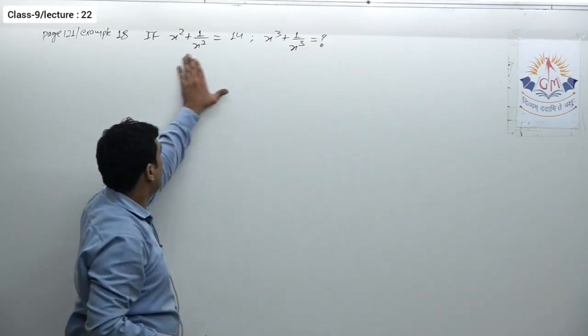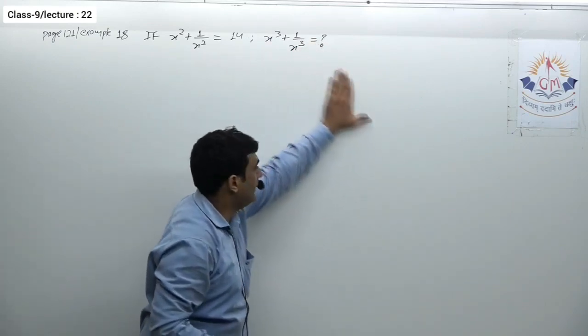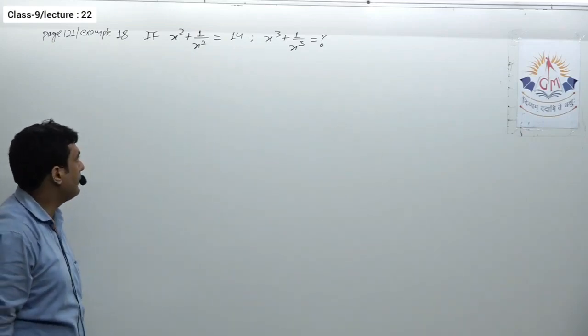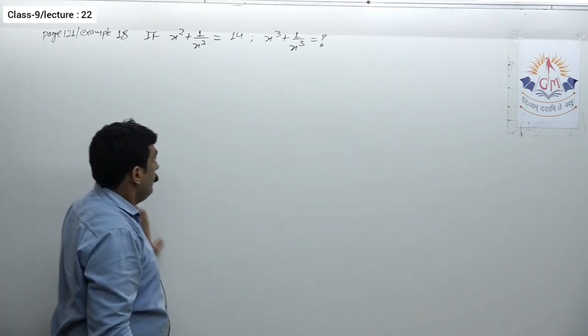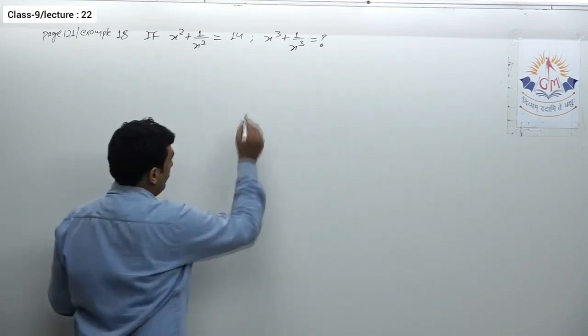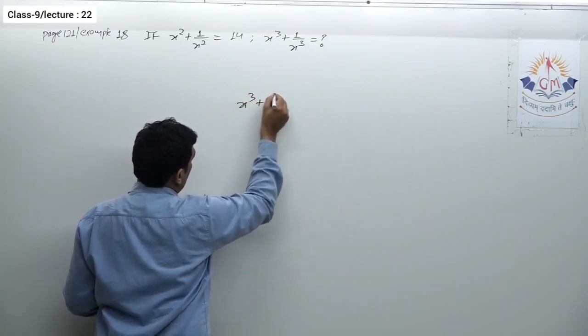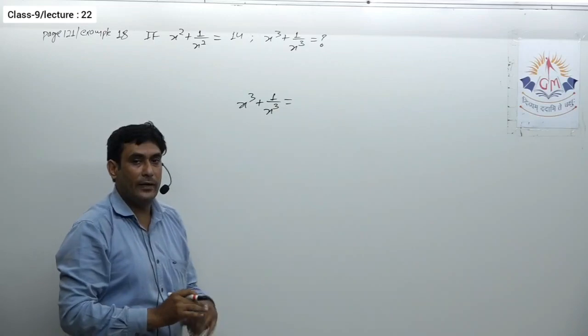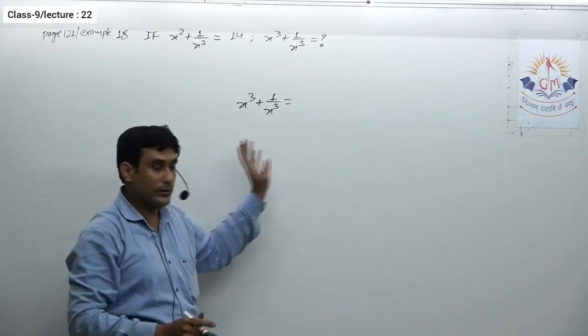Here x square plus 1 upon x square is given, and we have to obtain the value of x cube plus 1 upon x cube. Again, let us write the identity of a cube plus b cube and see what we already have and what we need extra to get this.